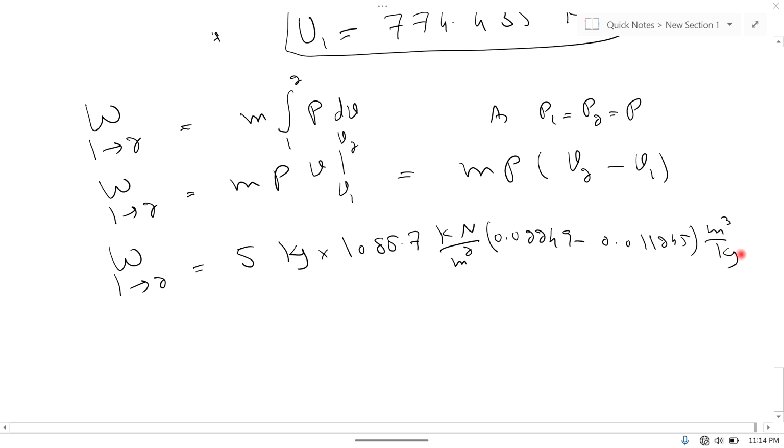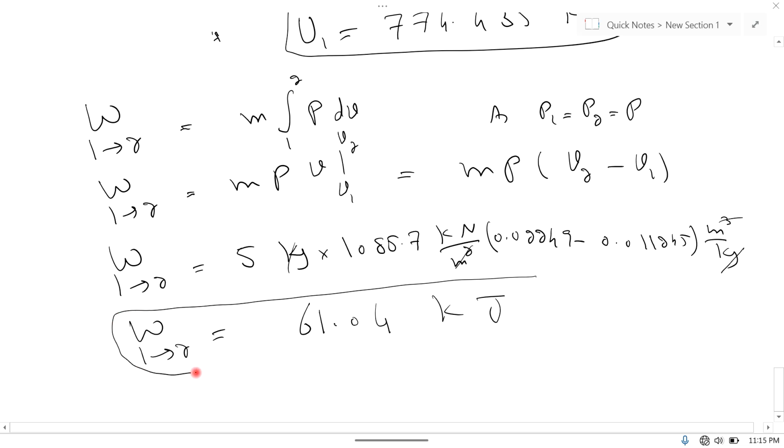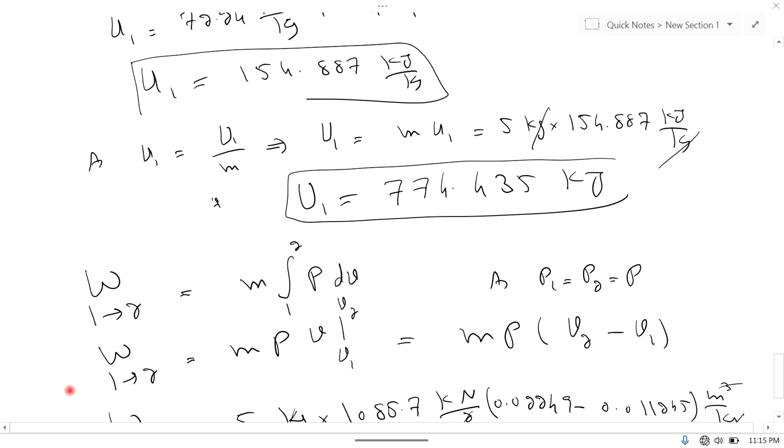Kilogram is cancelled with kilogram, square meter is cancelled with square meter, so there will be 1 meter left. Simplifying, work done from 1 to 2 is 61.04 kilojoule, since kilo Newton meter is kilojoule.